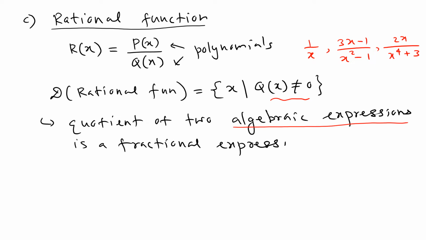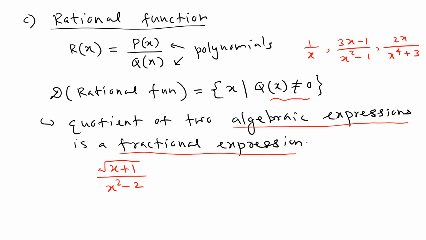So we don't necessarily say polynomials, or rational functions. We say fractional expressions. For example, let's say we have the square root of x plus 1 divided by x squared minus 2. That's a fractional expression, not polynomials.